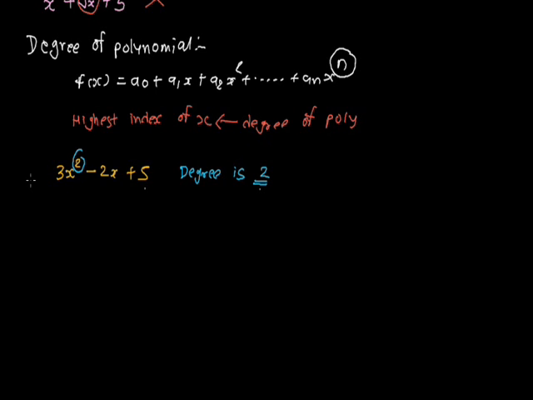Again we see one more example. Suppose 5 plus 3x minus 2x square plus 7x cube. Now again by the definition of degree of polynomial, the highest index of x is 3. Hence we can say that the degree of the polynomial is 3.